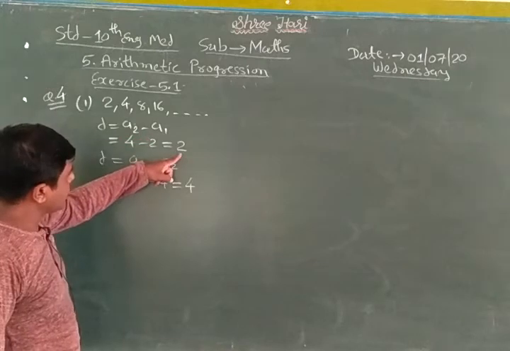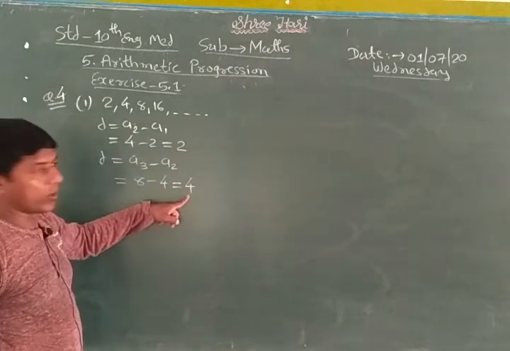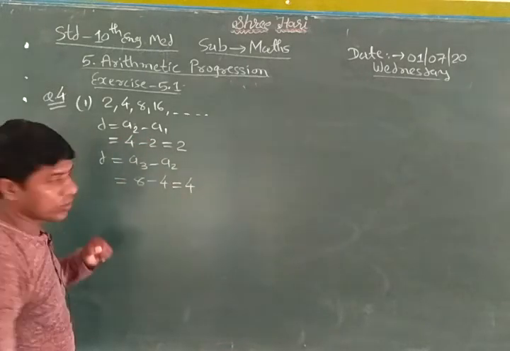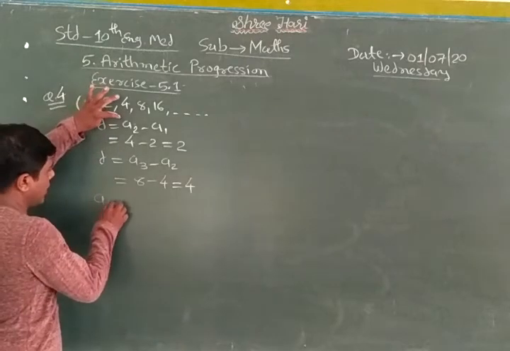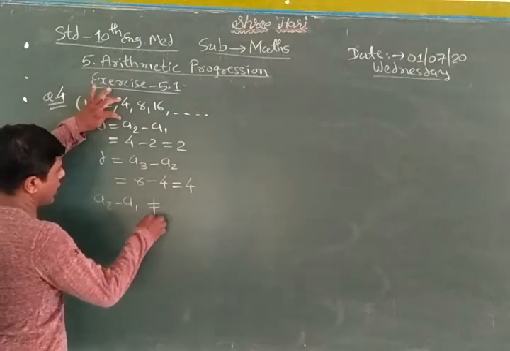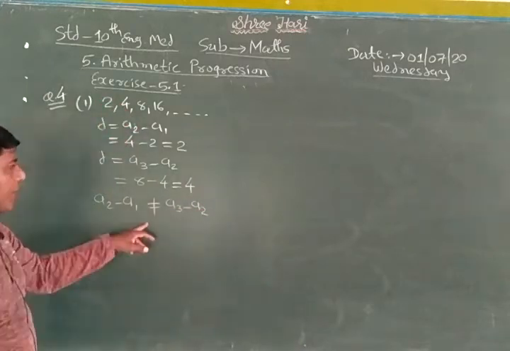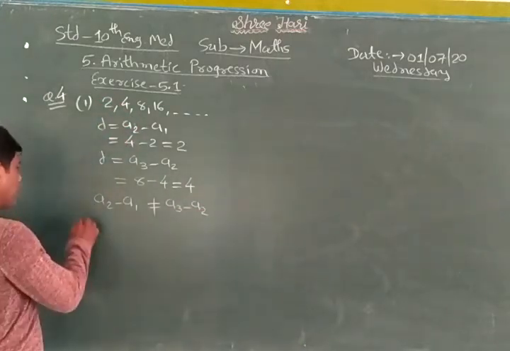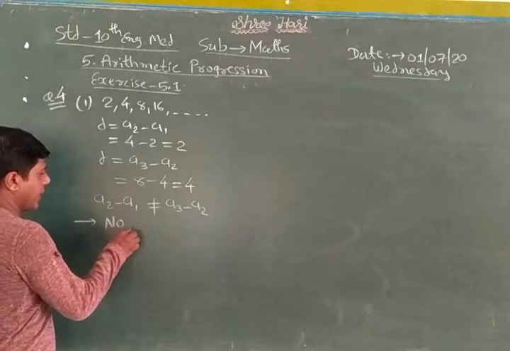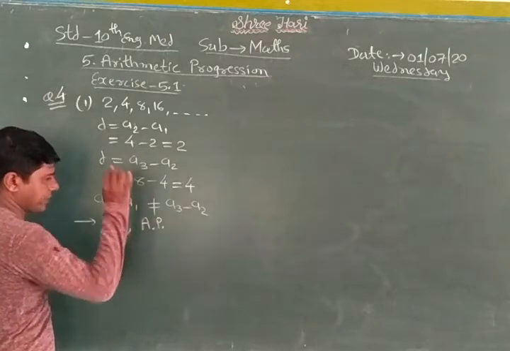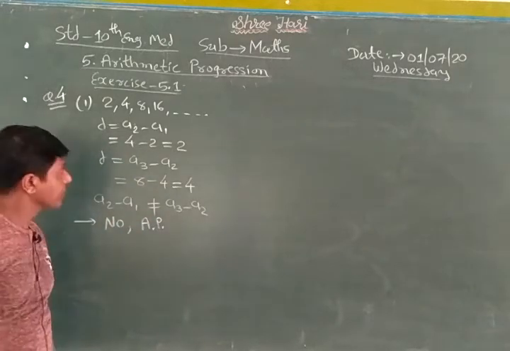Here common difference 2, here common difference 4. These two are not the same. So you write down A2 minus A1 not equal to A3 minus A2. So common difference is not seen, so not an arithmetic progression. In the exam write down the full form.